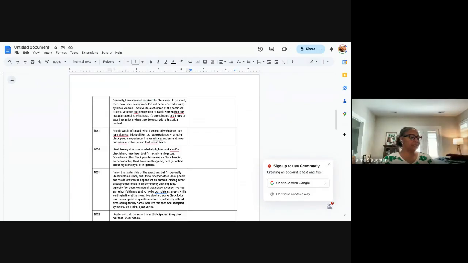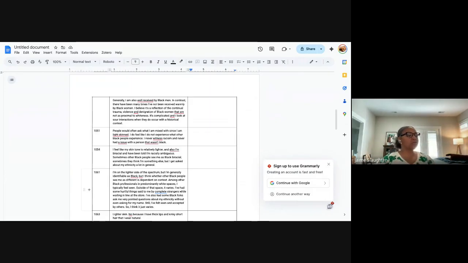So once we coded all the comments, we went back and looked up each participant by their ID number, and we looked to see if they identified as very light, medium, dark to very dark complexion.